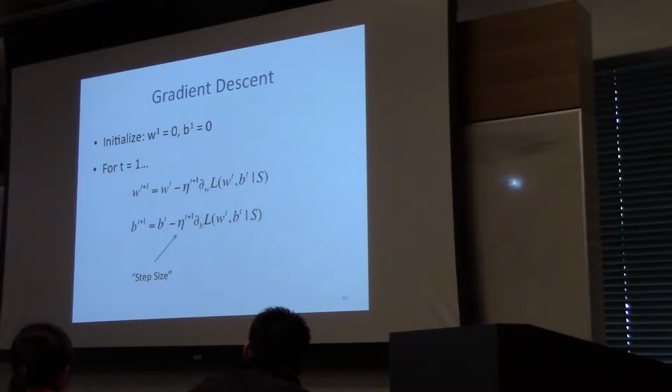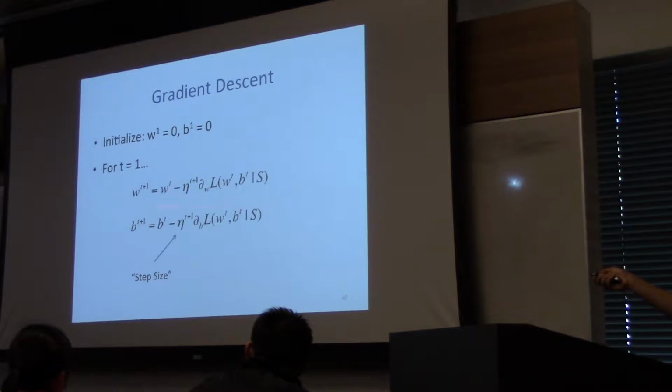Okay, so this is how gradient descent works. We initialize our initial model, so the weight vector is 0 and the bias is 0. Then we do some loop. In the loop, we compute the gradient with respect to our parameters of our current model, w_t and b_t. Then we update our model in the negative direction of the gradient because we're doing minimization, not maximization.